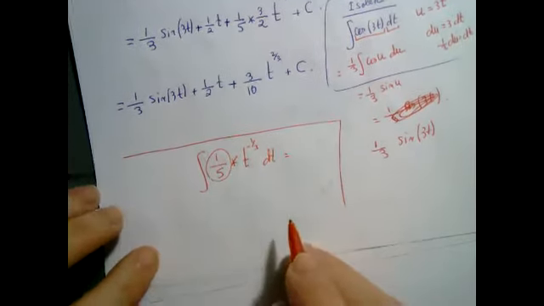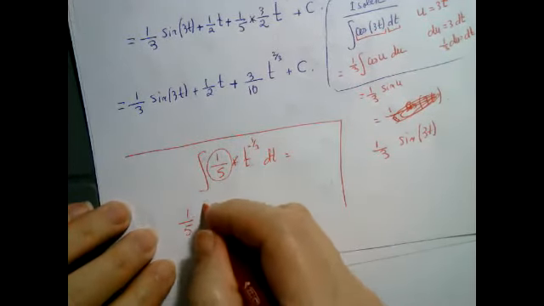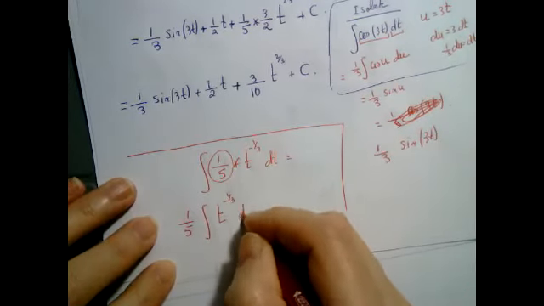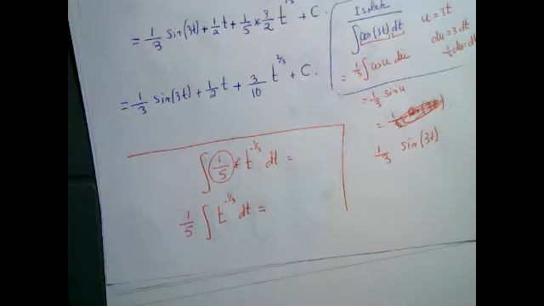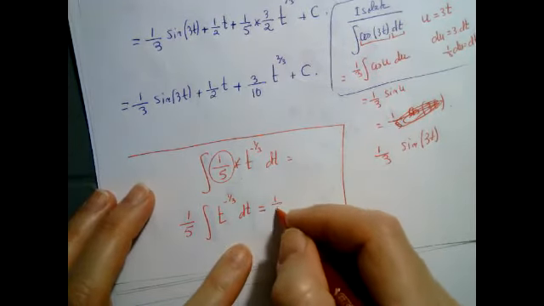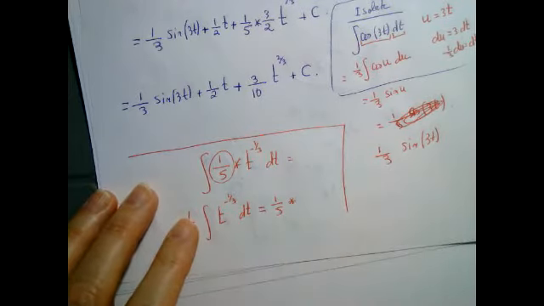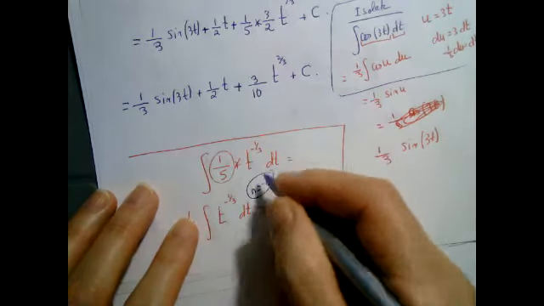1/5 is a constant. I'm going to pull it out, and I will be left with t to the minus a third dt. Now this is a fifth, that's a constant. I don't have to worry about it, times the antiderivative of t to the minus a third. So here it's just the power rule where n is minus a third.